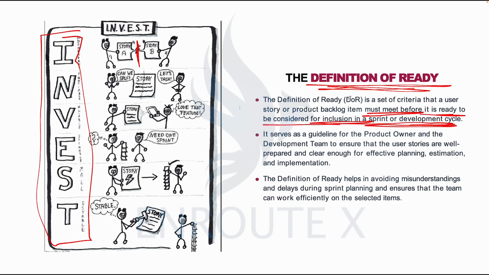And in module 2, we made lots of emphasis on the definition of ready. When any story has not met the criteria, such a story does not meet definition of ready.